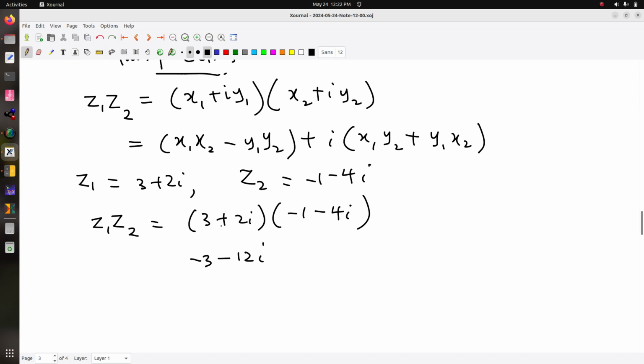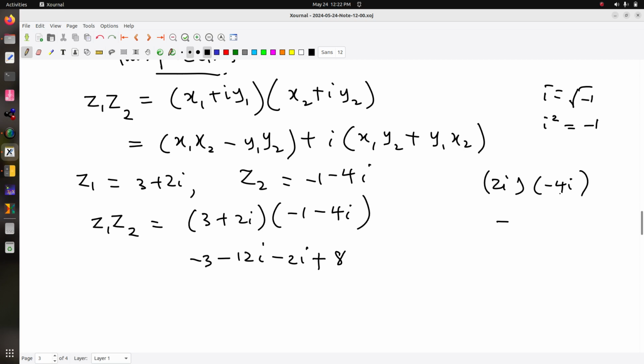Then 2i multiplied by minus 1, that will be minus 2i. Then plus times minus is minus, but i multiplied by i is also minus, so that will make it plus. Then 2 times 4, 8. So what I've done here, I've multiplied 2i by minus 4i. So plus multiplied by minus is minus, but i multiplied by i, because i is square root of minus 1, so i squared is minus 1.